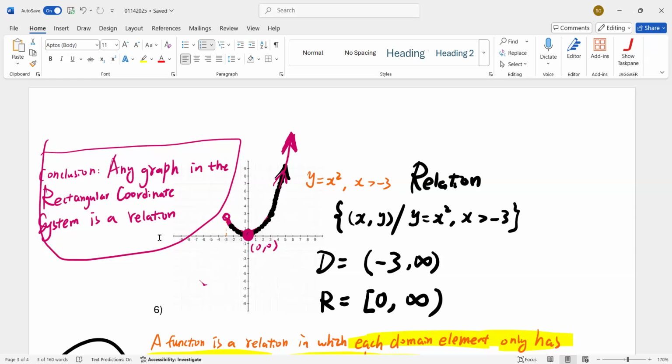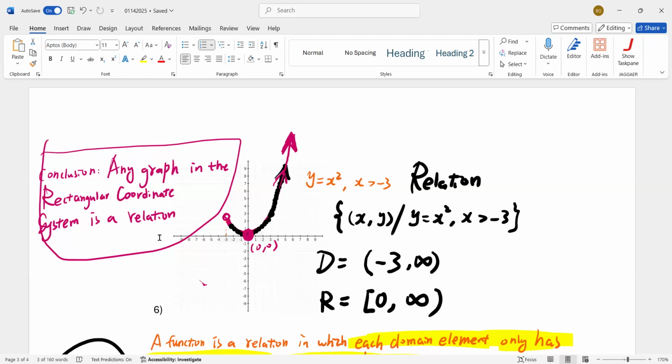Either way, a graph in the rectangular coordinate system is a collection of points, and points are ordered number pairs. So any graph is a collection or a set of ordered number pairs. That's the reason any graph in a rectangular coordinate system is a relation.